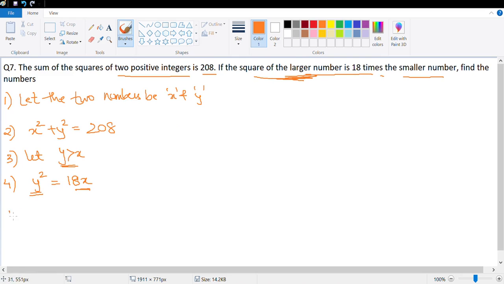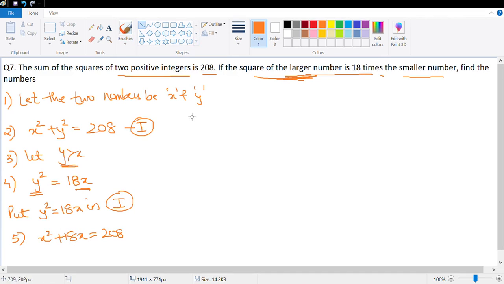So we can put y squared is equal to 18x, let's call it equation 1, in equation 1. And what we get is x squared plus 18x is equal to 208. Instead of y squared, I have put 18x.